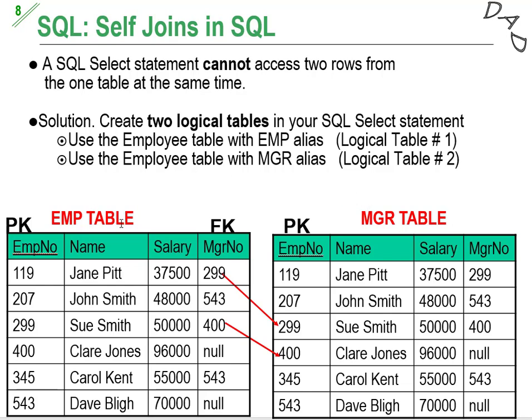So that means we can give the second table another alias. In this case, I use MGR table. So I use the employee table as EMP table, and another copy of the employee table I refer to as MGR table. So in that case, I have two copies. The first copy is pointing its foreign keys to the primary key of the second copy.